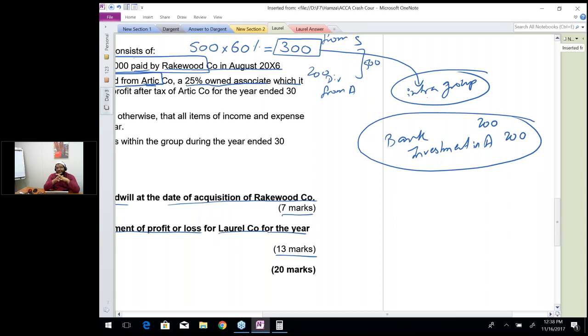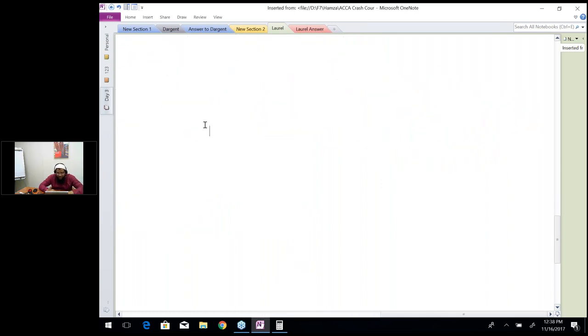So do listen to this carefully. Now, for example, I have made an investment in a company. What should be the entry? The entry is going to be investment debit and bank credit. Agreed?